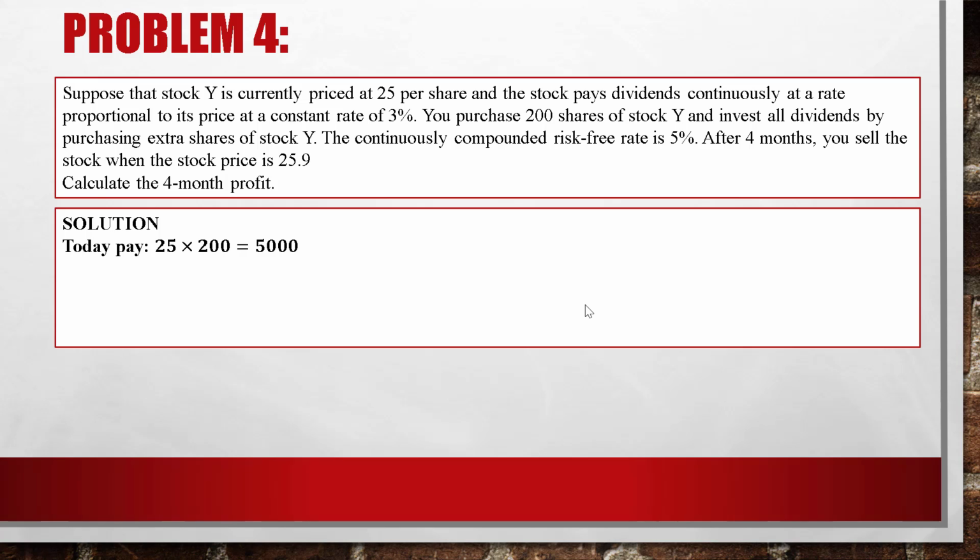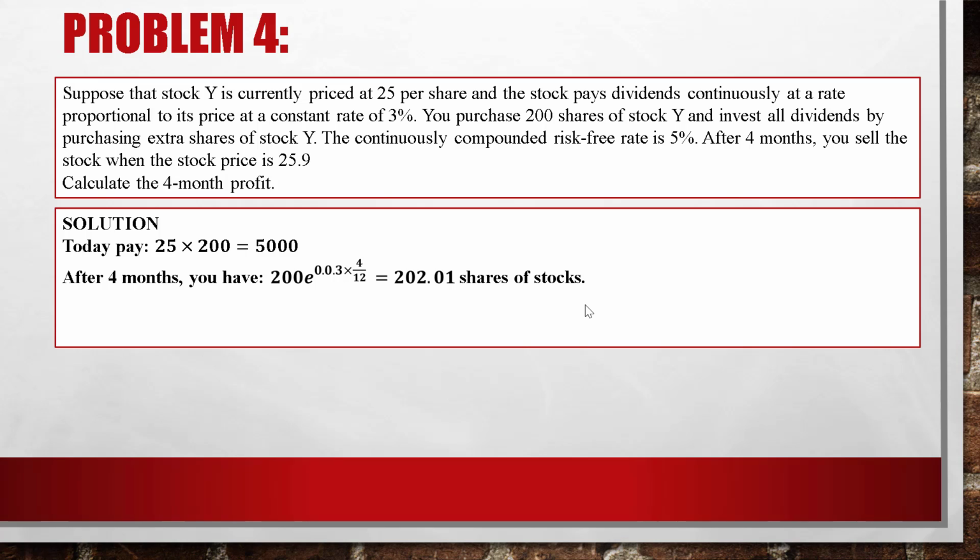Now, in this problem, the dividends are not cashed out but reinvested into the investment with the continuous rate of 3%. So after 4 months, the number of shares of stock should not be 200, but it should be a different number.